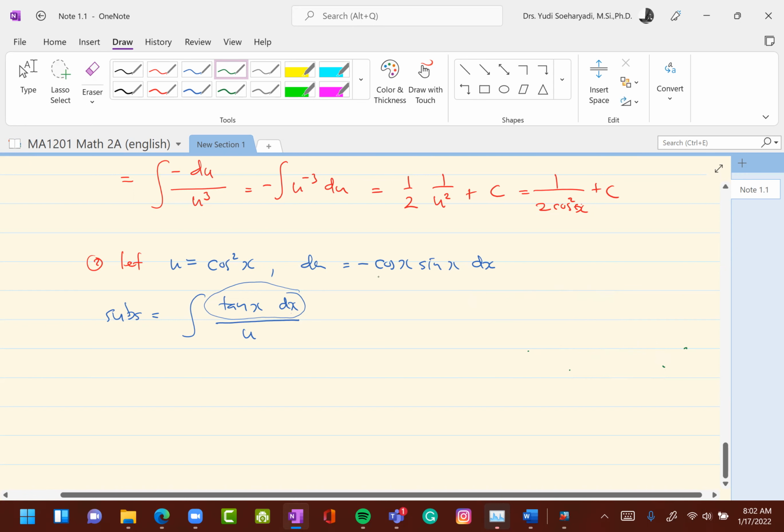Now I would like to change this into tangent here. The question is how to do this. So the idea is to divide by cosine square, right? This becomes cosine square over cosine, so negative sine over cosine dx.